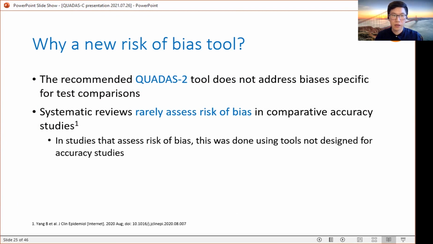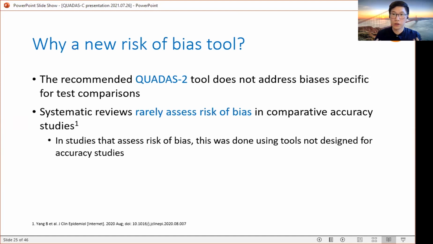And the reviews that assessed risk of bias did so using tools that were not designed for comparative accuracy studies. For example, there was a review that included only randomized comparative accuracy studies, and they used the Cochrane risk of bias tool for randomized controlled trials, which is, I would say, not the worst.